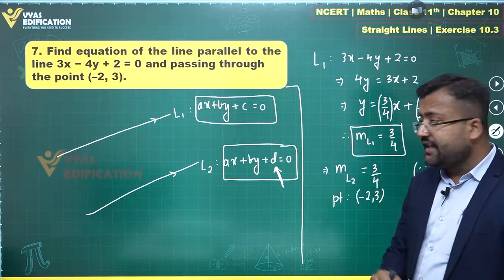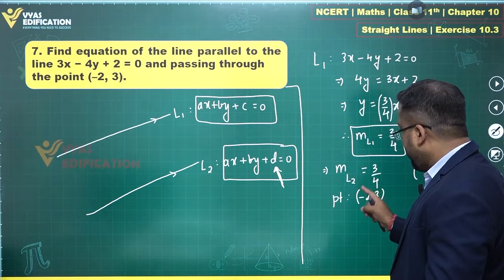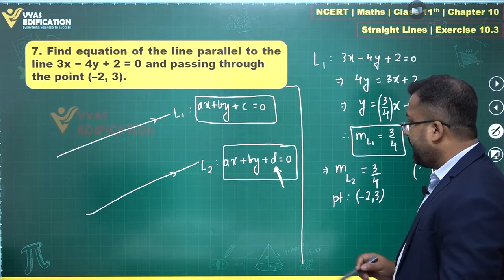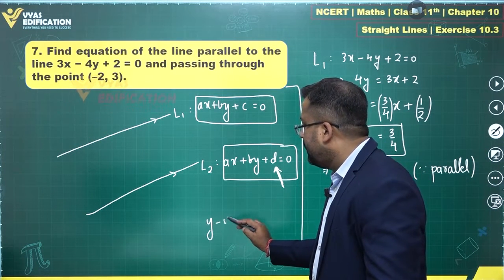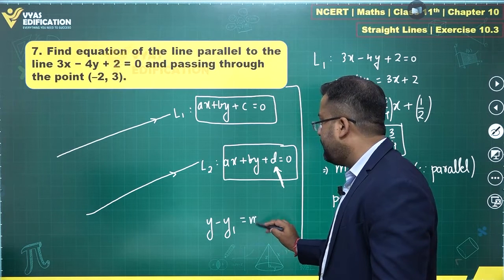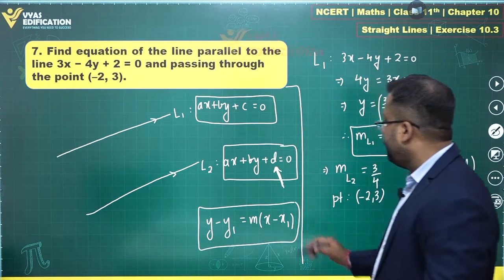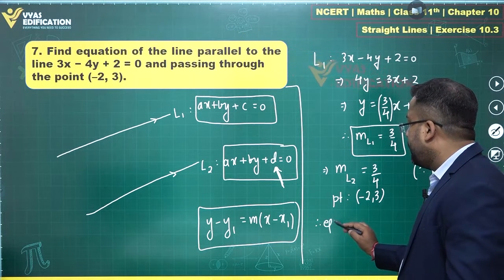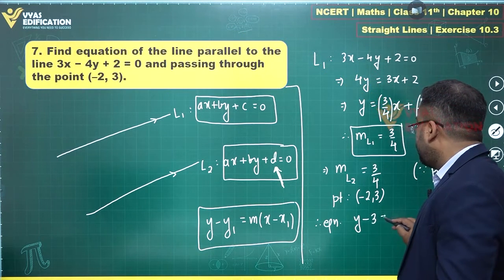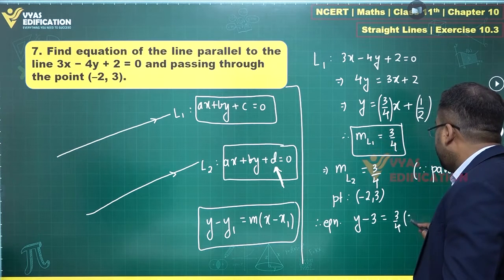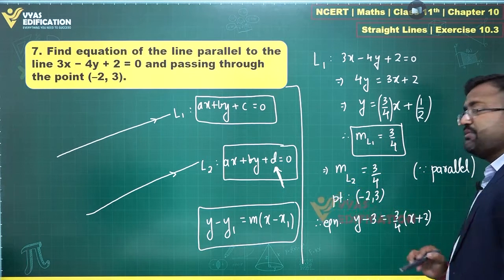So using this point and this slope, you will get the equation of the line. What is the formula that I'll use? I'll use the point-slope form, which is y minus y1 equals m times x minus x1. So the equation becomes y minus 3 equals 3/4 times x minus (-2), which becomes x plus 2.